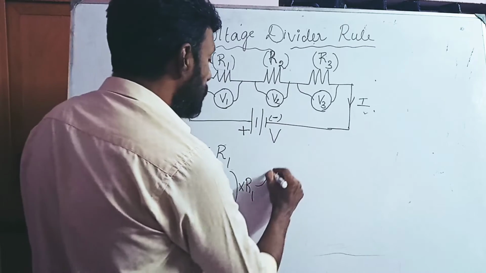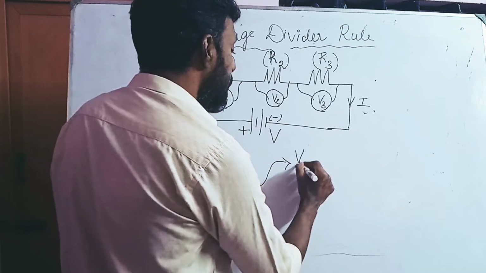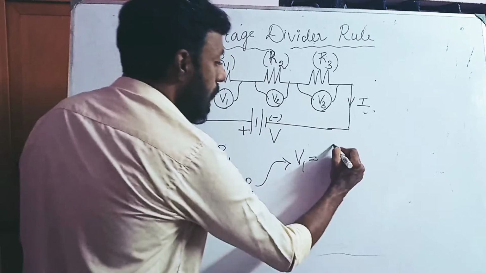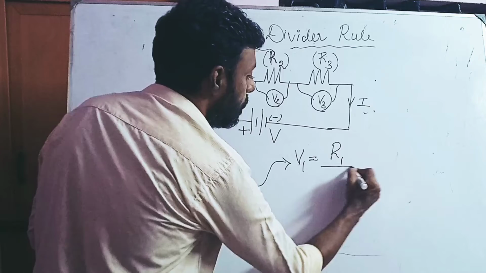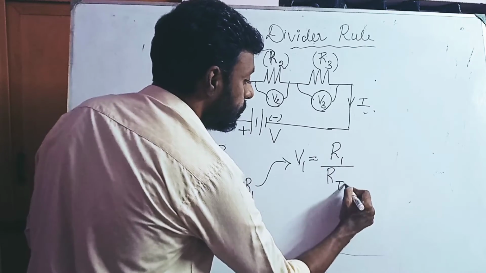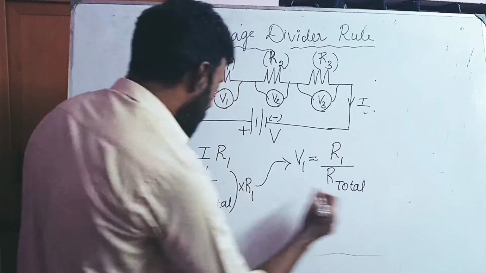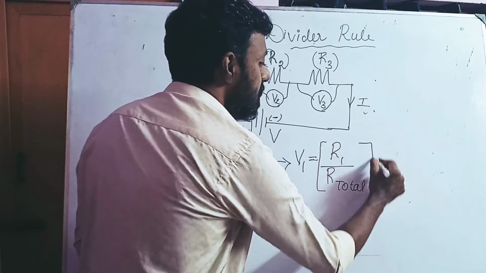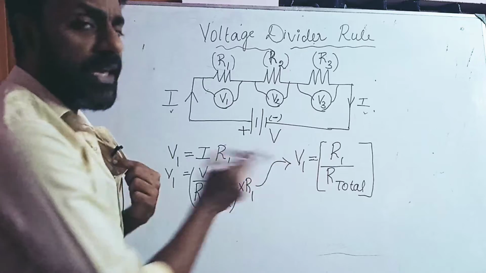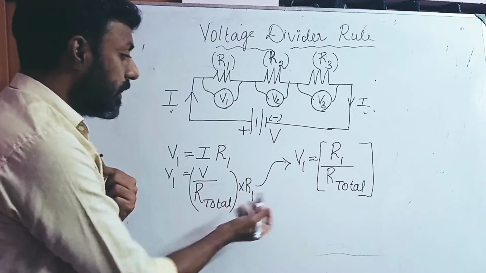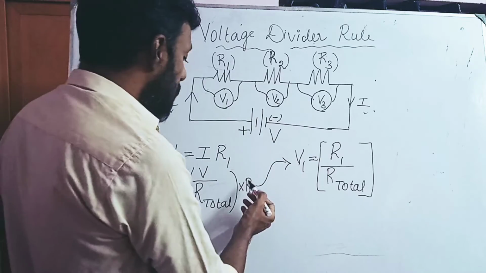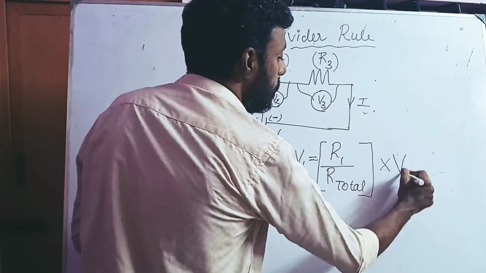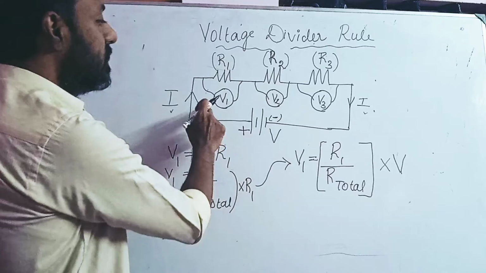So this I can also write as V1 equal to R1 divided by R total into V. I'm just rearranging the terms, changing the terms. R1 by R total into V. So this is V1. This is the value of V1.